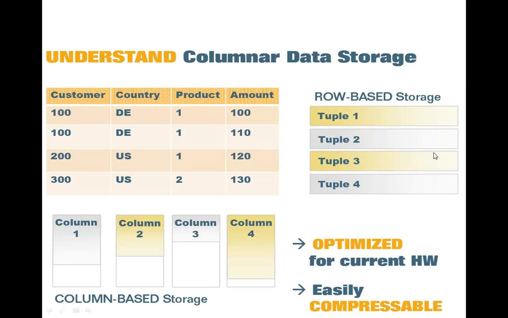For example, if the data is stored row based and I run a query, select amount from the table where customer number equals something and country equals something, then I will get one value. If the data is stored in columns, how is this query calculated?